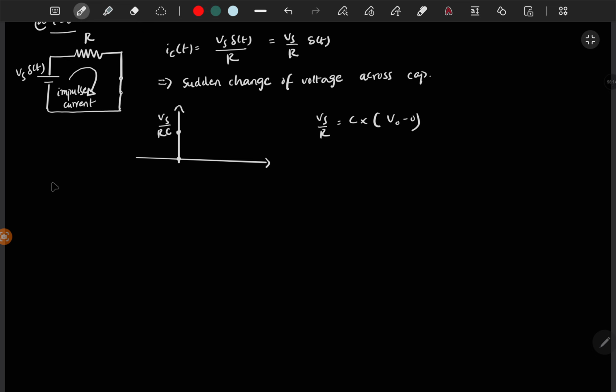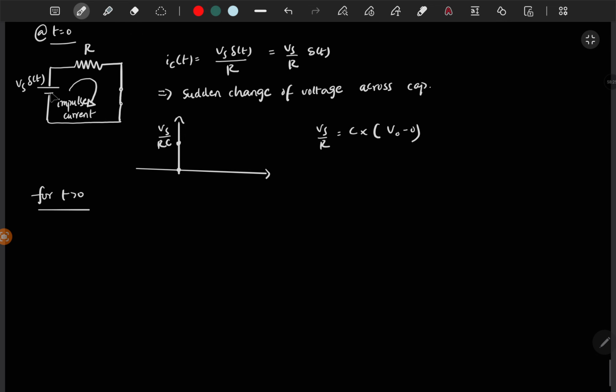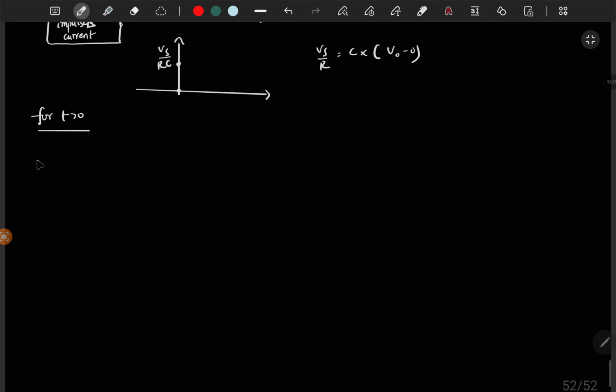Now for t greater than 0, now you don't have this source voltage, right? The capacitor is immediately charged to Vs by RC, and now you have a simple series RC circuit with no independent sources.